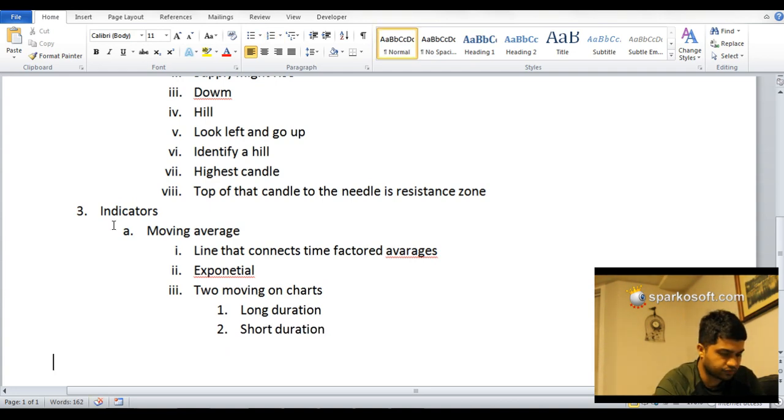If the short duration moving average is crossing the long duration moving average and going up, then it's a golden cross.